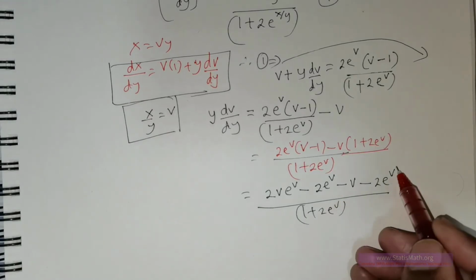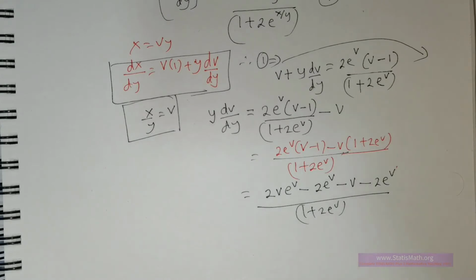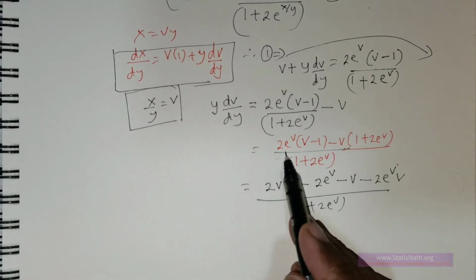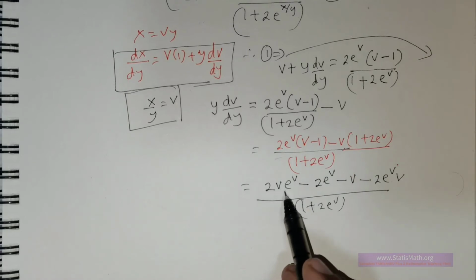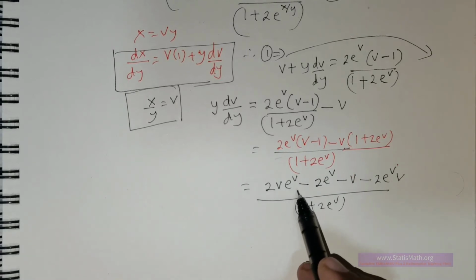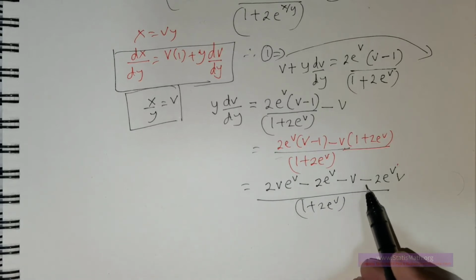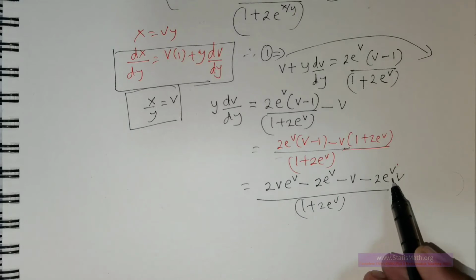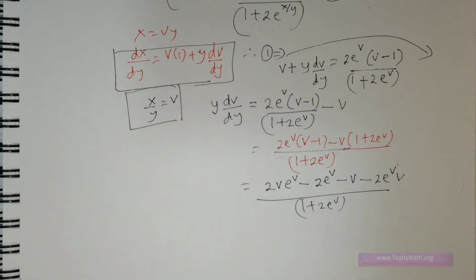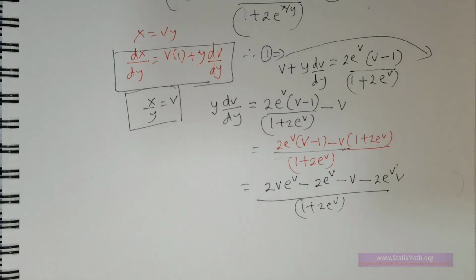Now, can you cancel anything? If we were to remove the parentheses and rewrite, we would get 2v e^v - 2e^v - 2v e^v, divided by the denominator 1 + 2e^v.